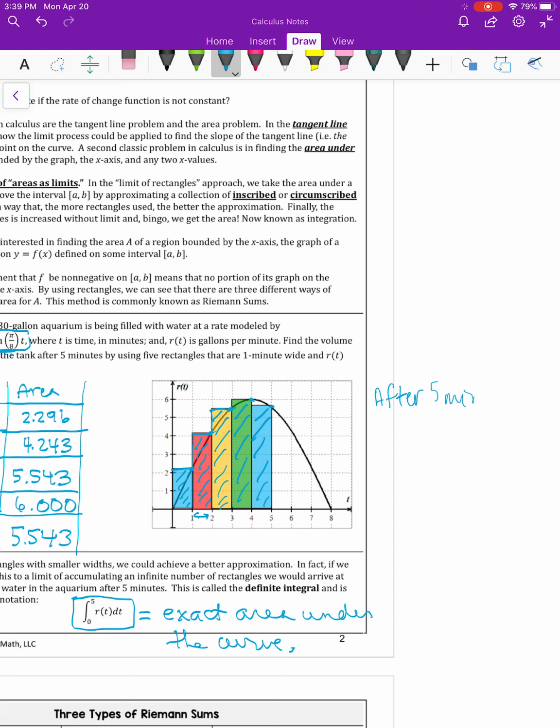Okay, so here we are back to 6.1, approximating areas using Riemann sums. On this example number 2, if we would have added up that area, I went ahead and wrote after 5 minutes, the aquarium has 23.625 gallons in the tank.